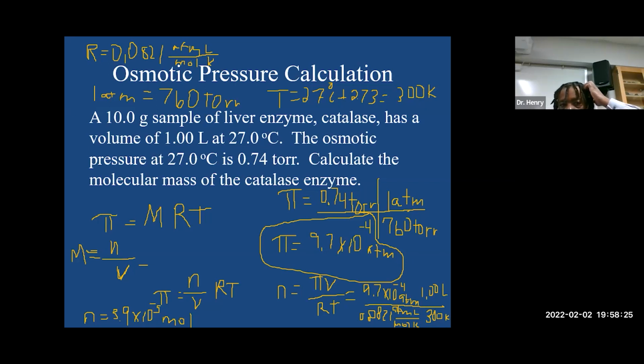So if we're going to calculate molar mass, then we would do what? We divide 10 grams by our number of moles, which is 3.9 times 10 to the minus 5 moles.